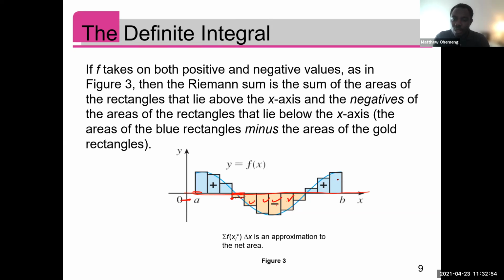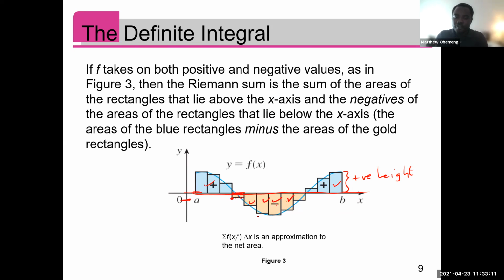On the other hand, those above the x-axis will have a positive height. Hence, they will give you a positive area. So in the end, you'll be adding the positive ones, but since the others are negative, when you add a negative, you end up subtracting.